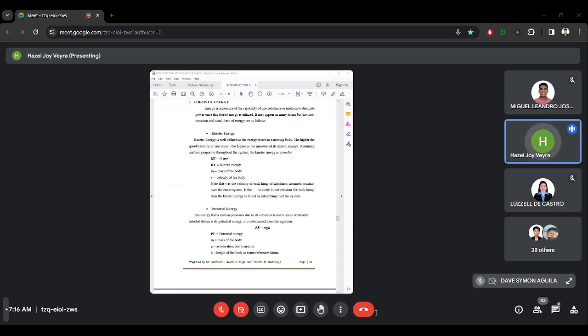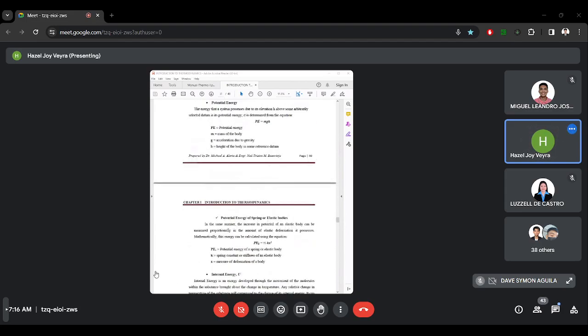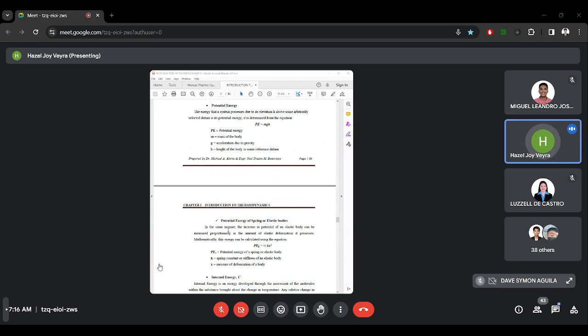Next is potential energy. As discussed, this is the energy that a system possesses due to its elevation, h, above some arbitrarily selected datum, and is determined from the equation PE equals mgh.